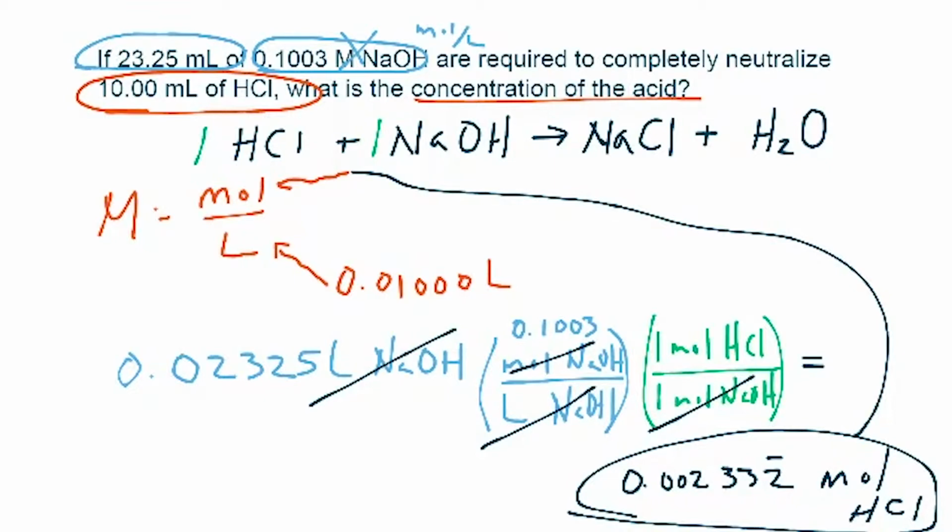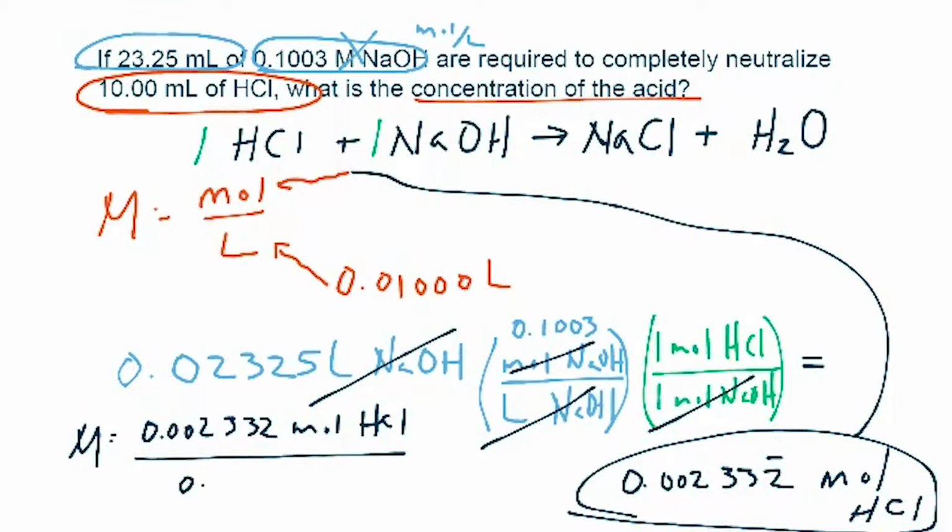When I substitute those numbers in, I get a molarity of 0.002332 moles of HCl divided by 0.01000 liters of HCl, which gives me a molarity of 0.2332 molar HCl.